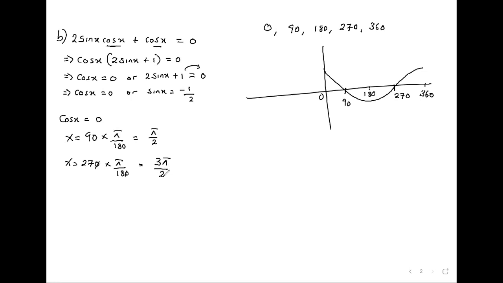Okay, then we got sin x is equal to negative half. Again, we check. First we check which value gives us half for the positive sign. Sin x is equal to half for which values? That is 30. So x is equal to 30 in the first quadrant. Sine is positive in the second quadrant as well. So in the second quadrant, we do 180 minus 30. We get 150.